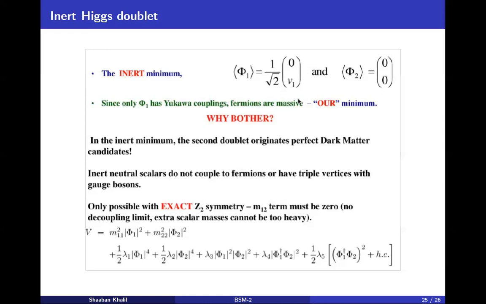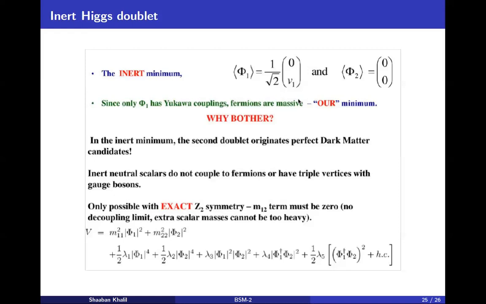And now, since only φ1 has Yukawa coupling with fermions, it works as in the standard model. You need to use φ1 and φ1 tilde to generate all masses, because φ2 is not helpful in here. But what will φ2 do? φ2 will couple only with φ1 via the potential.